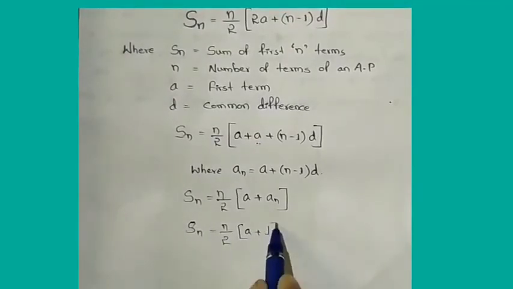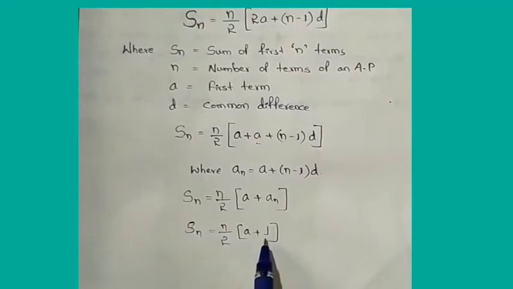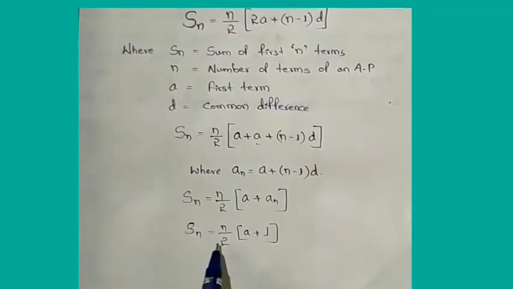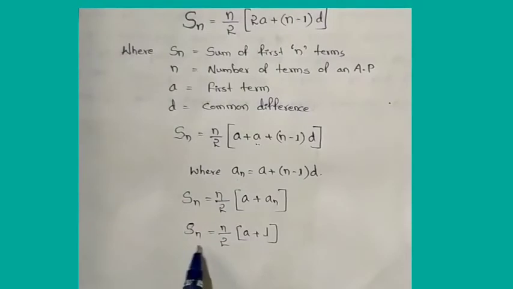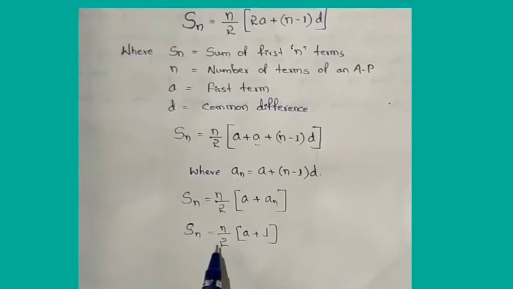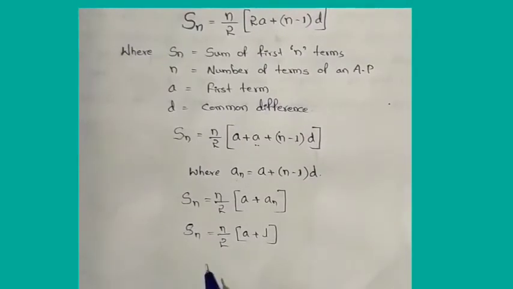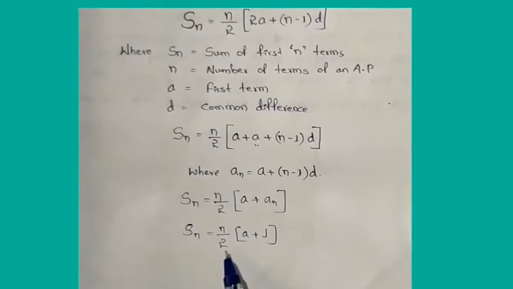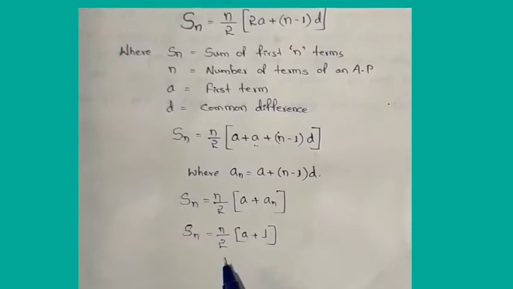It means we have to add the sum of first term and last term in this formula. This is our another formula when they give first term and last term along with number of terms. By using these formulas we have to solve the last exercise, that is 1.3.